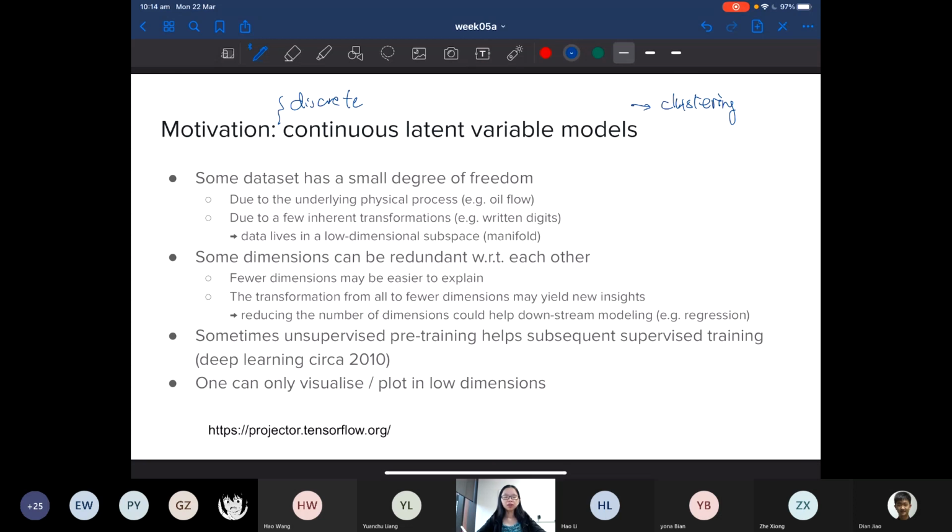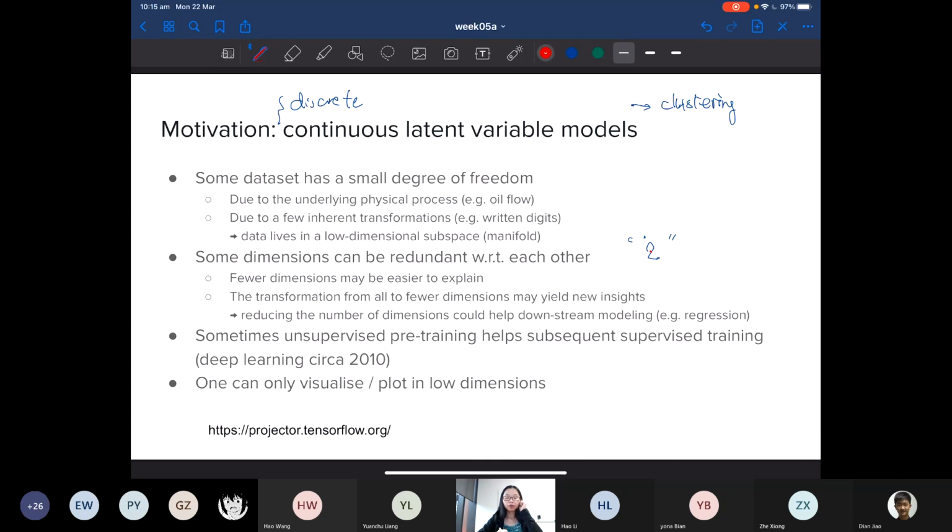The other set of motivations is concerned with the dimensions of the data being redundant with respect to each other. Meaning if we have a handwritten digit, let's say 2, then we know that for images in general, neighboring pixels tend to be more similar than non-neighboring pixels, right? So if there is a pixel that has a stroke written over it, then at least one of the neighboring pixels will be written over, because these digits tend to be done with a continuous stroke.